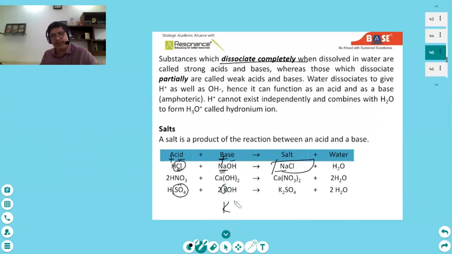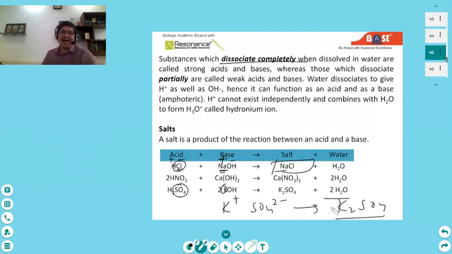K is plus, and sulfate is SO4 2 minus. Crisscross and you will get potassium sulfate and water. So acid negative part and base positive part. You know the negative and positive parts as acid and basic radical that you referred to in the previous session.